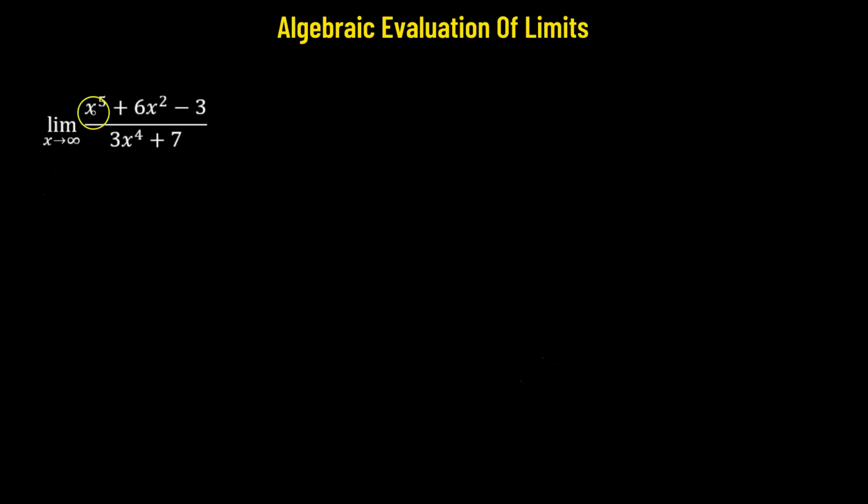Let's do another problem. We again need to find the limiting value when x approaches an extremely high value for this particular rational function. So we look for the highest power of x in both the numerator and the denominator, and we see that the highest power is x raised to the power of 5. So we have to divide each term of the numerator and the denominator by x raised to the power of 5.